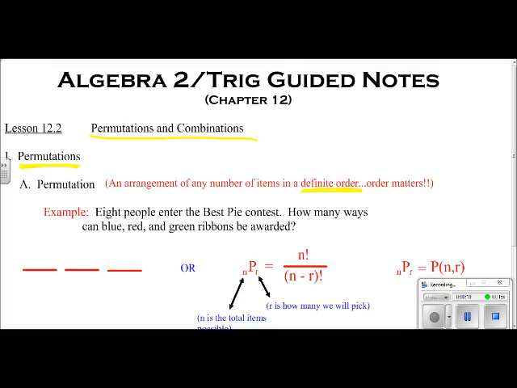A real-life example of permutations would be bike locks. Let's say I have a bike lock whose combination, or should I say permutation, is 1, 2, 3, 4. And you try to break into it by using the same numbers, but in a different order. So say 4, 1, 2, 3.